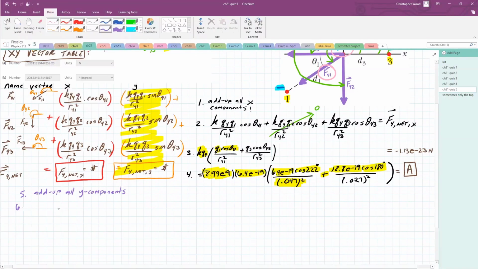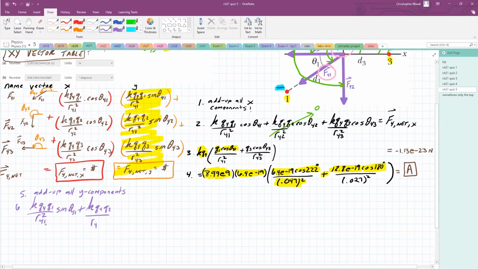the meticulous way. I've got K Q4, Q1 over R41. And I know what all this stuff is now. And this is sine, so not cosine, but sine. Sine of theta 41 plus K Q4. And when you do this, the one benefit about doing this horrendously meticulous process is it really does force you to double check everything.